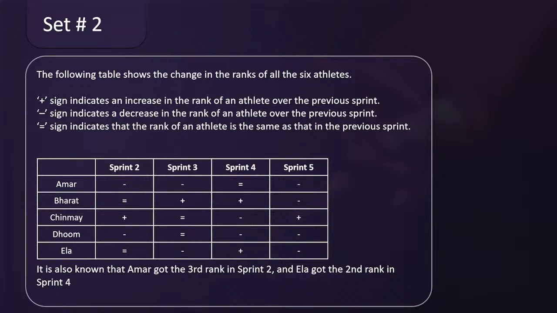Okay, so plus sign means improvement as compared to the previous race, minus decrease in rank of the athlete as compared to the previous, equal to means the rank has been same. Okay, now plus indicates an increase in rank. Rank number 1 is better than rank number 2, so from 2 to 1 is an increase, from 1 to 2 is a decrease. Okay, fine.